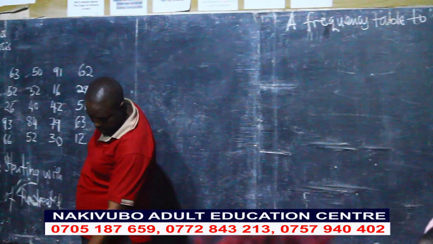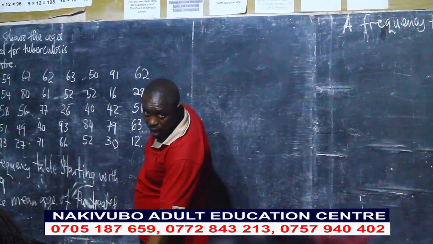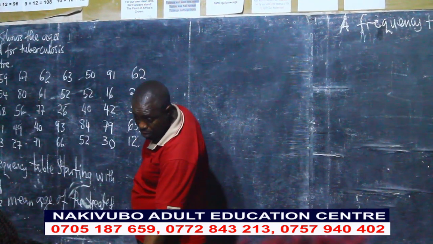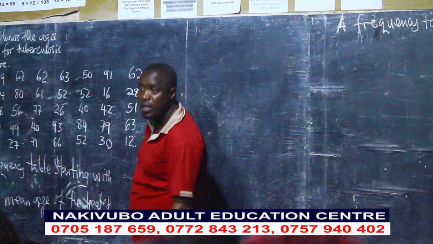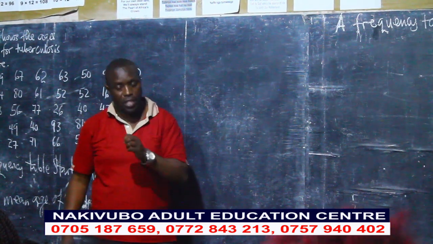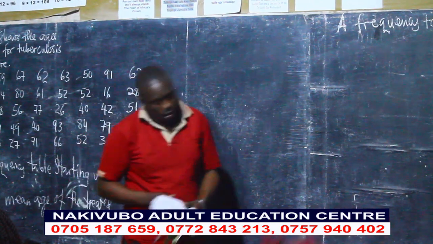We go back to the top of the question. They said the table below shows ages. So to show ages. Is that clear?